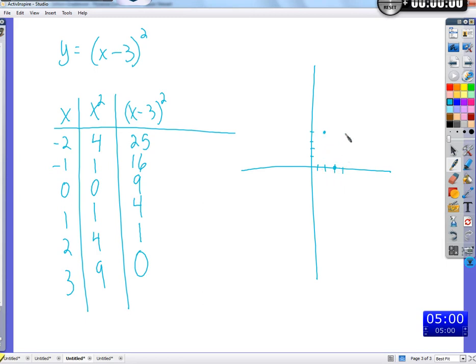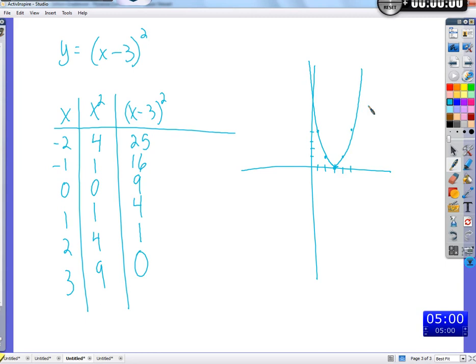If we did go 4, we would get 1, then 5 gives 4. In order to find our center again, in order to find the same shape, we'd have to go over to the right 3. Because we're subtracting 3 from those things before we square them.